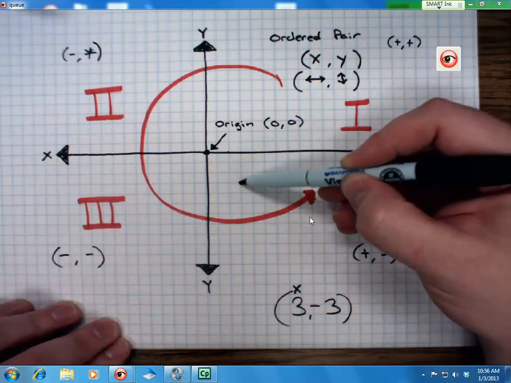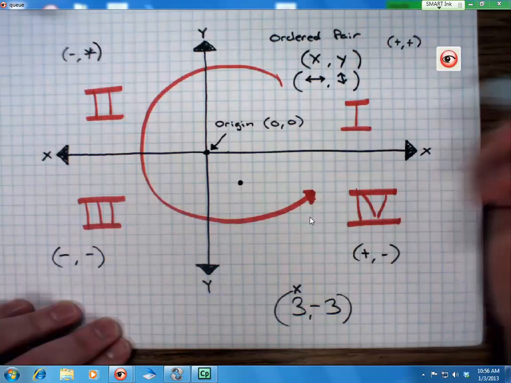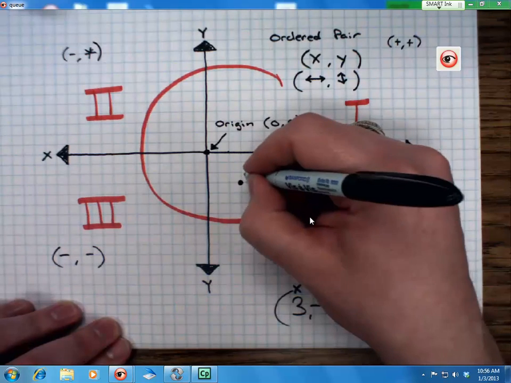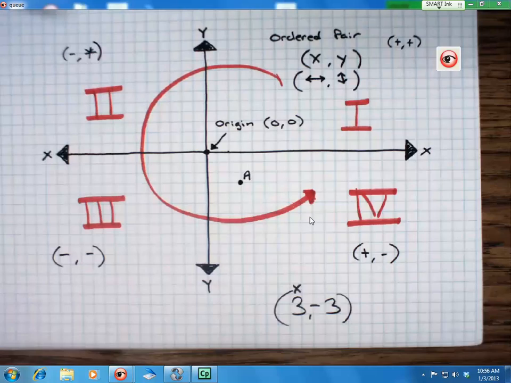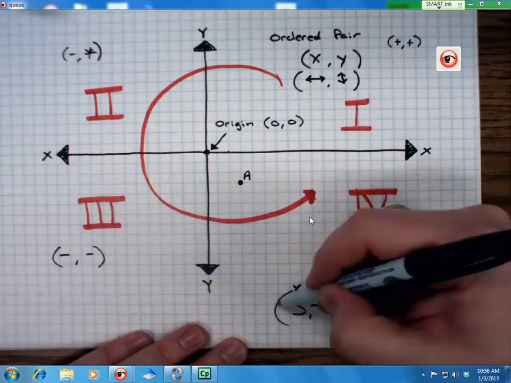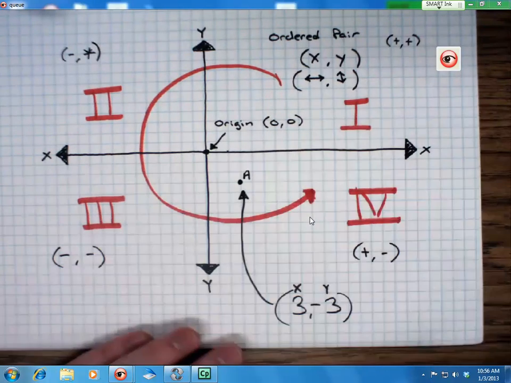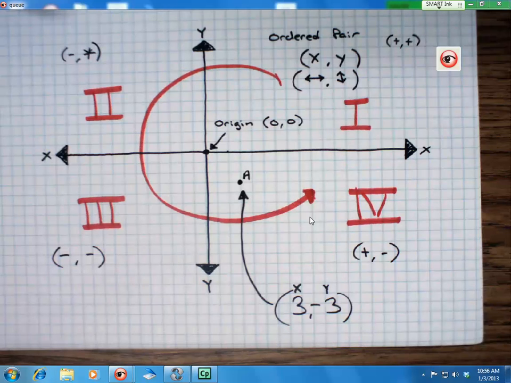That's where my point is going to be right there. Then I would label it whatever point that is. If it was point A, then I would label it A. That's how you draw those. You go left and right first, followed by up or down. Okay? Questions on how I did that?